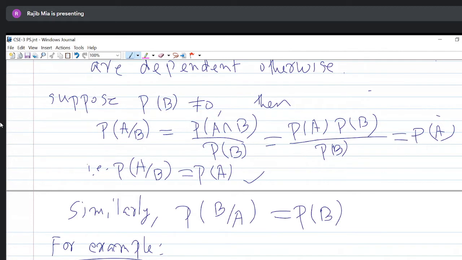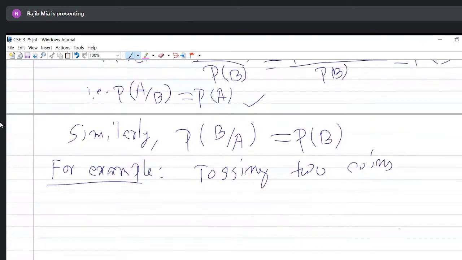Okay, take the same random experiment, tossing two coins. Can you define two events A and B so that probability of A intersection B equals probability of A and probability of B?